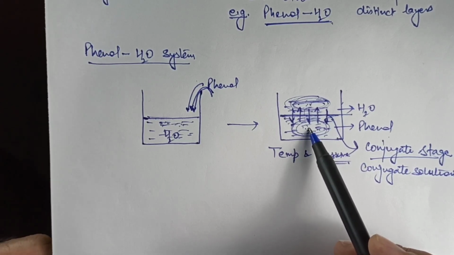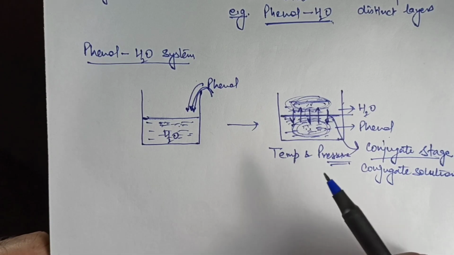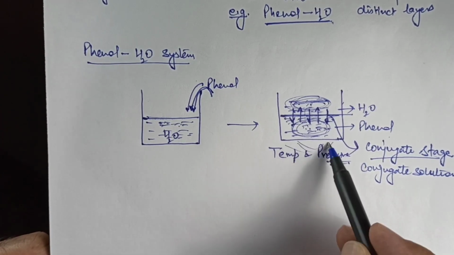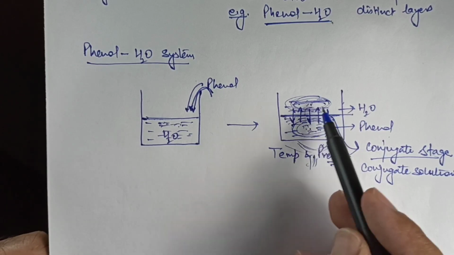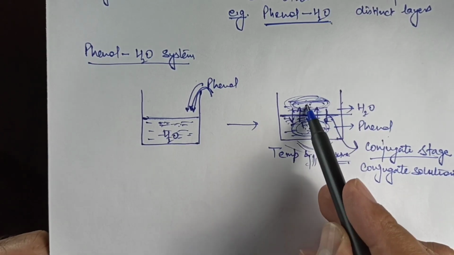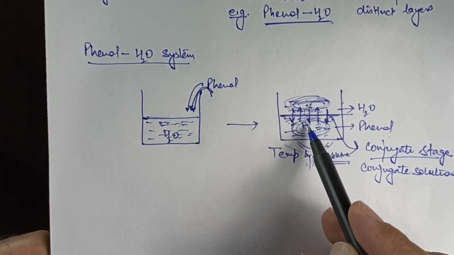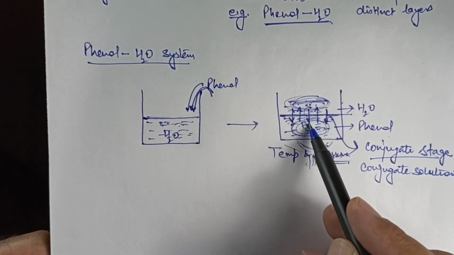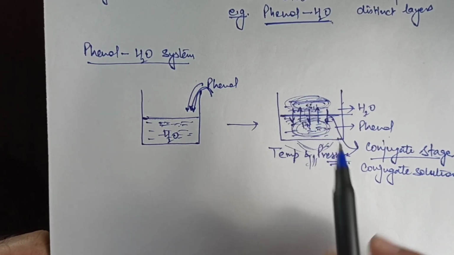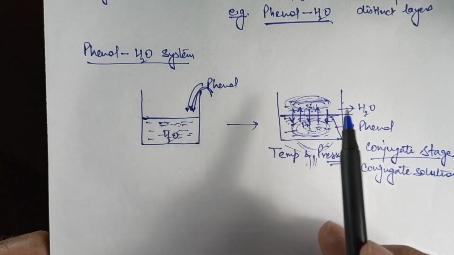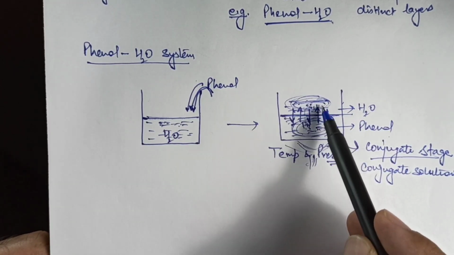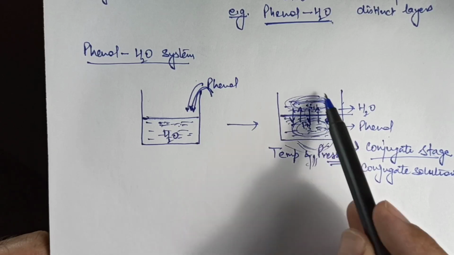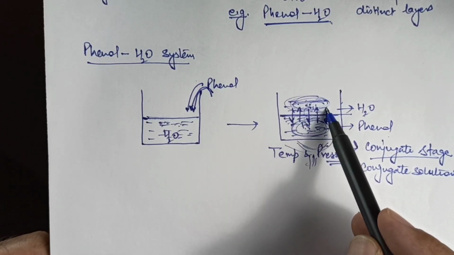However, suppose we are increasing the temperature of this system, what will happen? The mutual solubility of the two layers will go on increasing till at a particular temperature the two layers become completely miscible and the solution has an identical composition throughout.